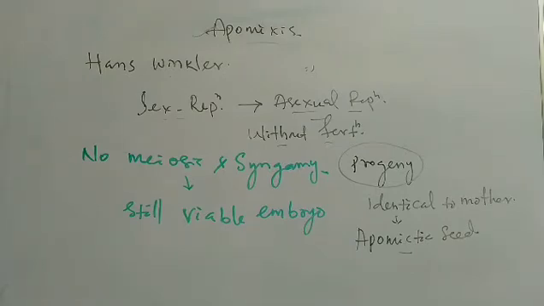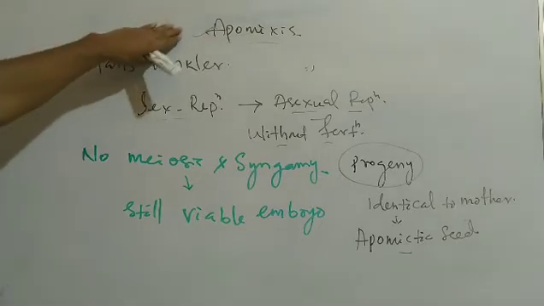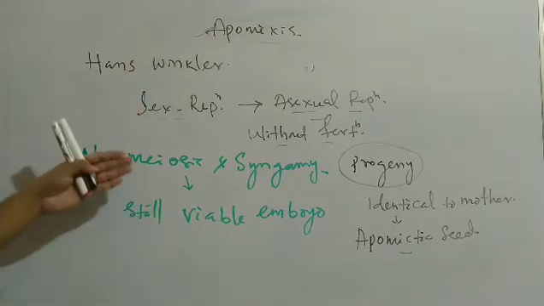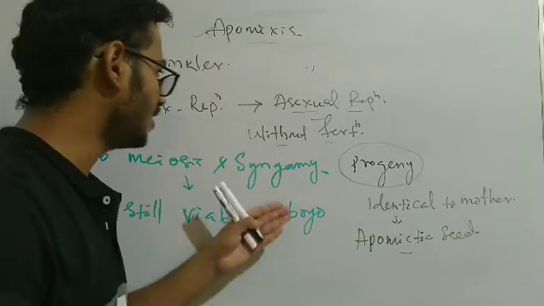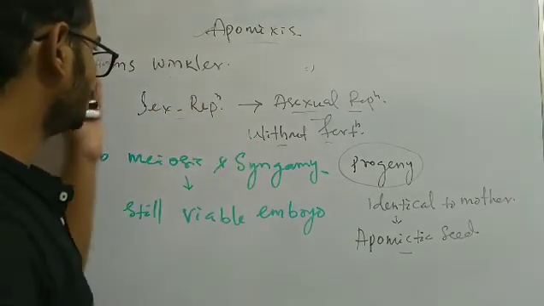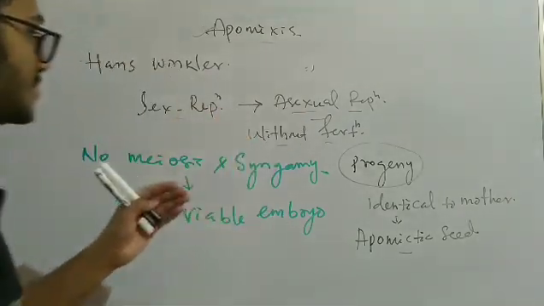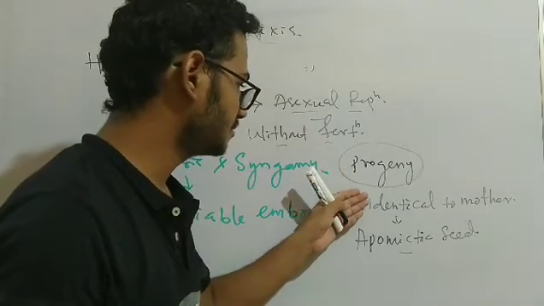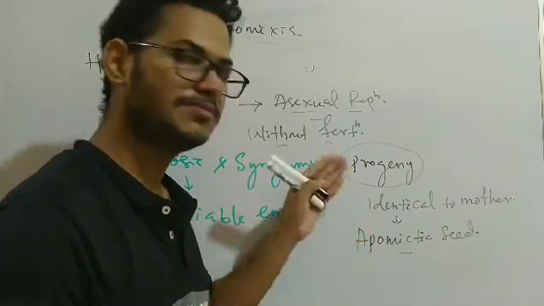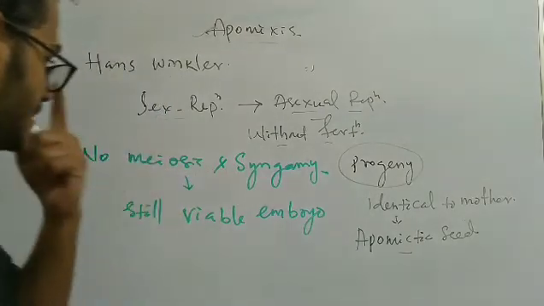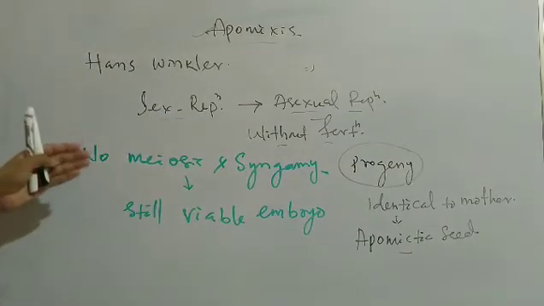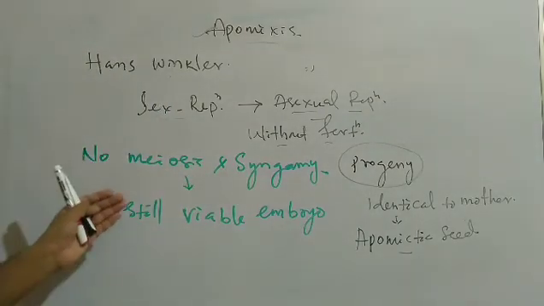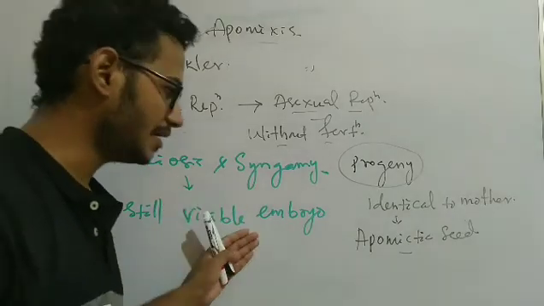The phenomenon is known as apomixis, through which without meiosis, without syngamy, without fertilization, by asexual reproduction from the mother plant, seeds are formed, and without syngamy they still form a viable embryo.